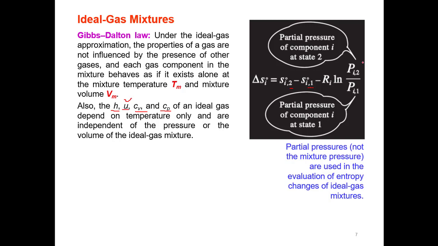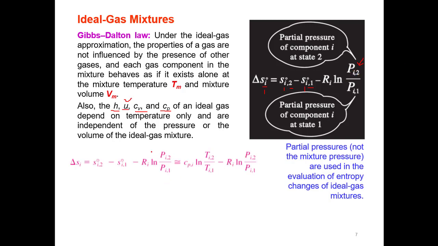Please focus that this pressure will be the partial pressure of that component. Let's say delta S1, so instead of i we can put 1. The first component can be nitrogen, it can be CO2, right? So you have to use the partial pressure of that gas instead of the total mixture pressure. This is the only difference, that here the pressure will be used as the partial pressure, right?